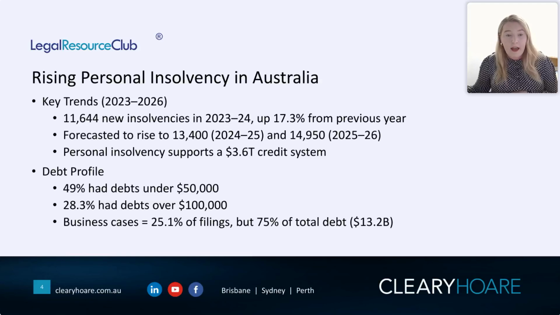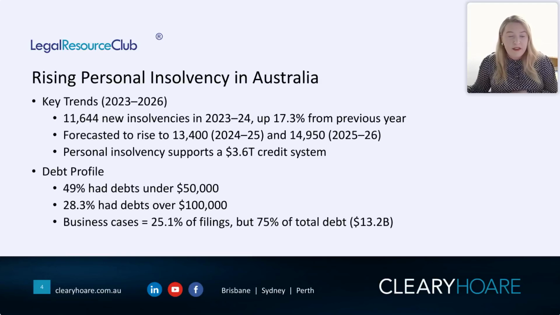They're predicting that the number of bankruptcies will rise to 13,400 in the 25 financial year, and then up to 14,950 in the 26 financial year. That's clearly a fairly significant growth in the number of bankruptcies that we're seeing each year. And that's underpinned by the fact that we have a pretty large credit system of $3.6 trillion in Australia.